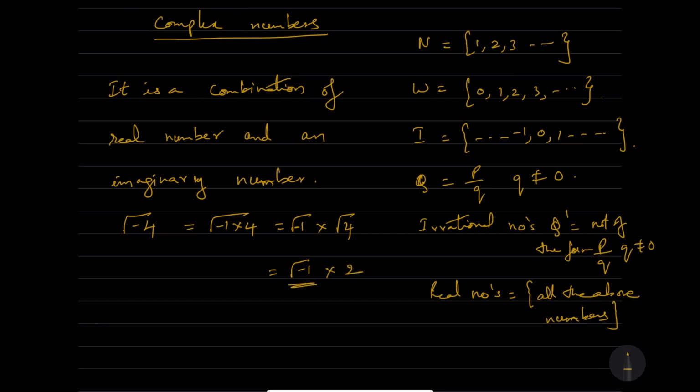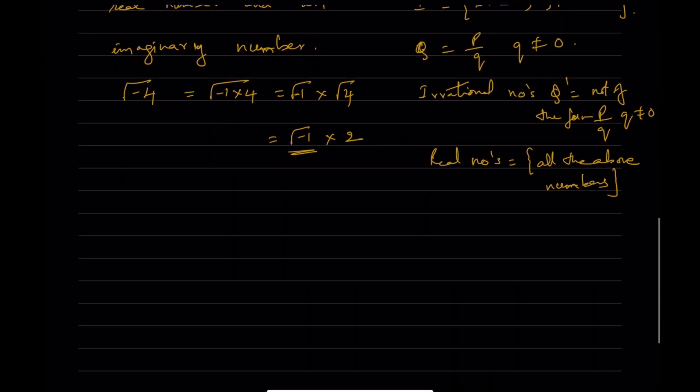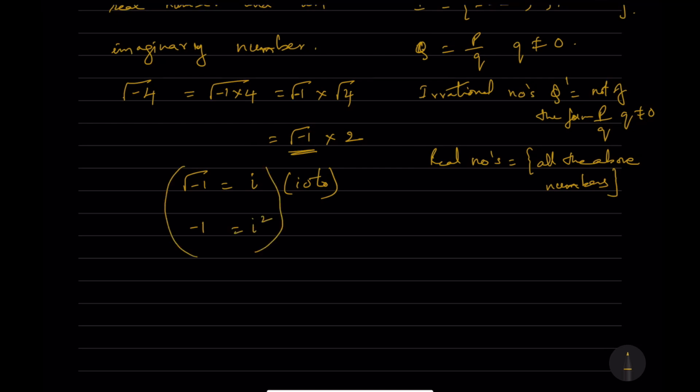So now what is this value of root of minus 1? Just remember here, root of minus 1 is equal to nothing but i. This is called iota, or if you're squaring on both sides, you're getting minus 1 is equal to i square. So iota is an imaginary number.